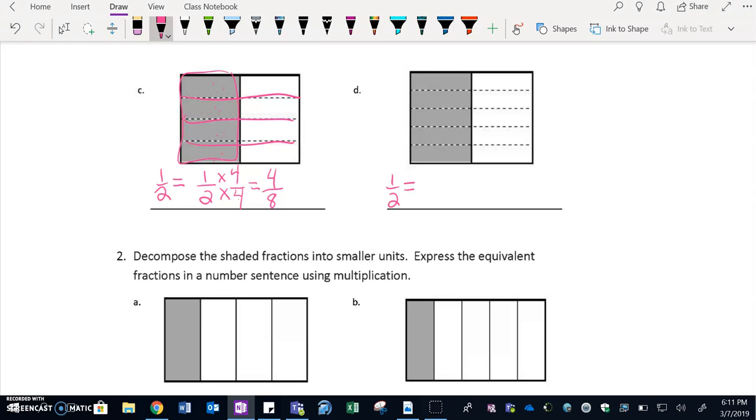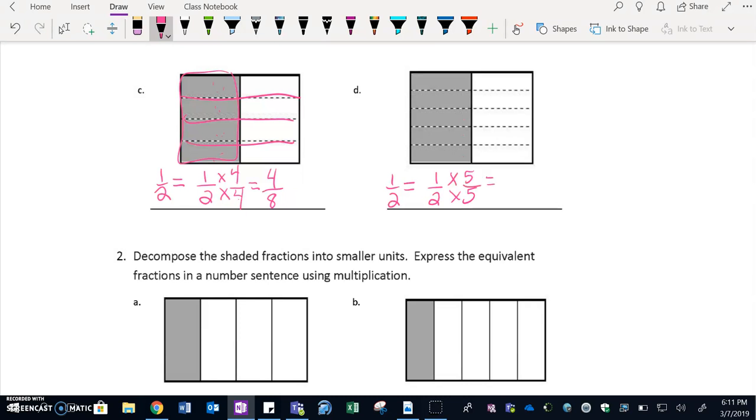Okay, let's look at this side. We started with 1/2. We take our original 1/2 and we're going to cut it. Oops, I don't know why I just did a fraction thing there. We're going to cut the 1/2 into 1, 2, 3, 4, 5 pieces.